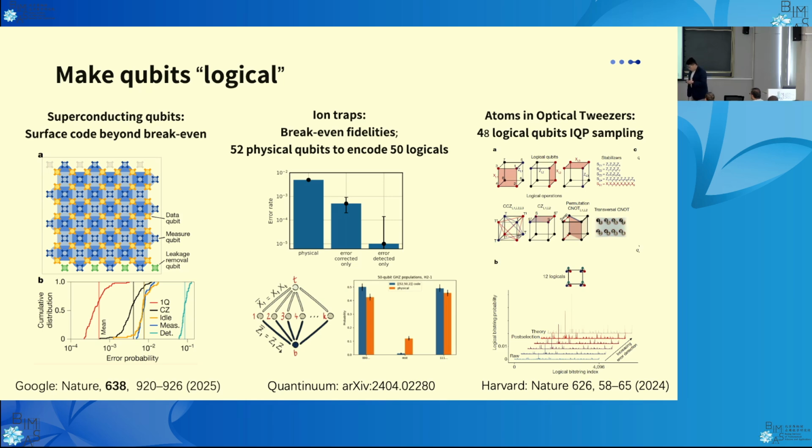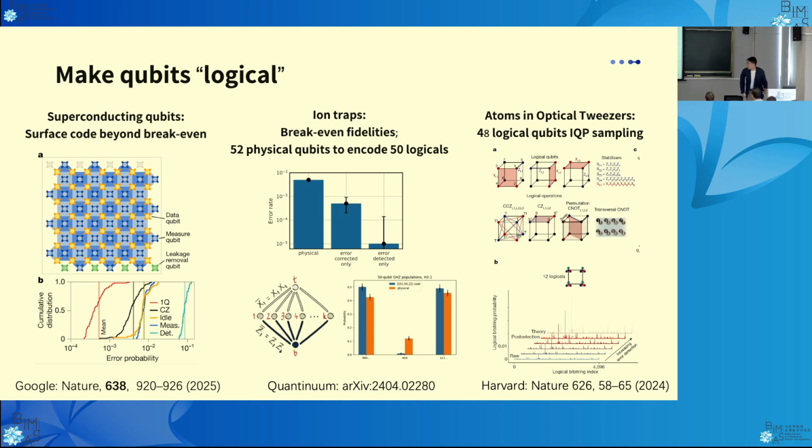But so far, we have proof of principle demonstrations from Google, from the ion trap company Quantinuum, for example, and also from the Harvard group, who already demonstrated IQP sampling, instantaneous quantum polynomial sampling, which is related to the random circuit sampling from the Google work, with 48 logical qubits, and this was with 200 plus physical qubits.